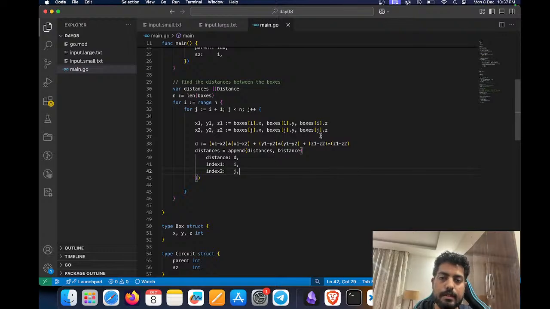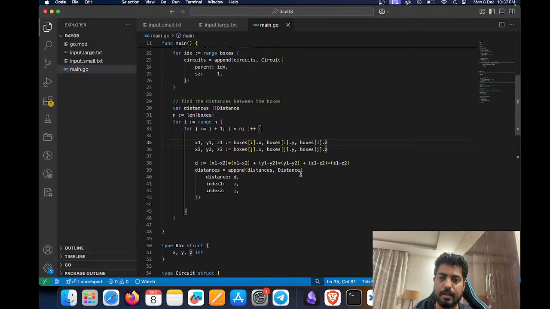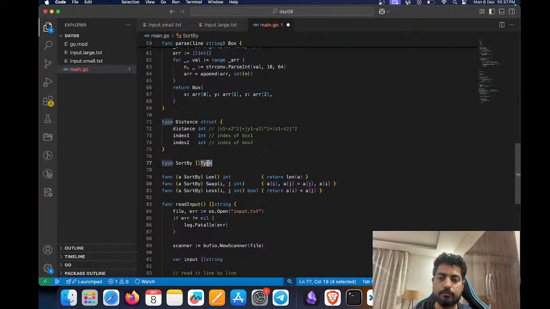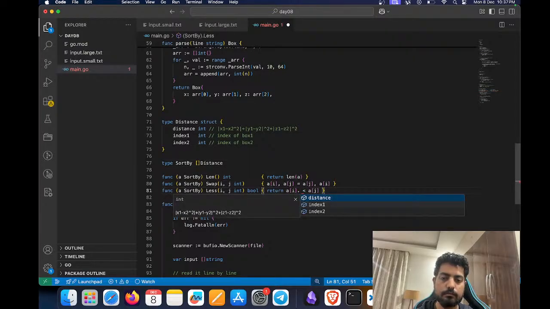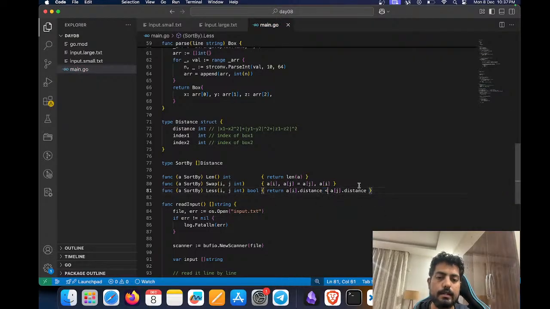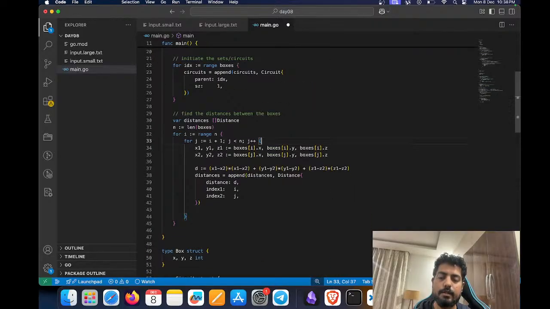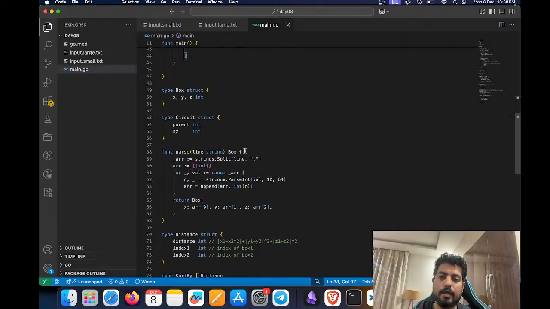So now we have the distances array, and this is again wrong. This is box i, j, x2, y2, y1, y2. Okay, so this is correct. Now what are we going to do here? We will just sort this. We are sorting it on strict less than and not less than or equal to, because obviously this won't affect anything, because we are already calculating the distances.